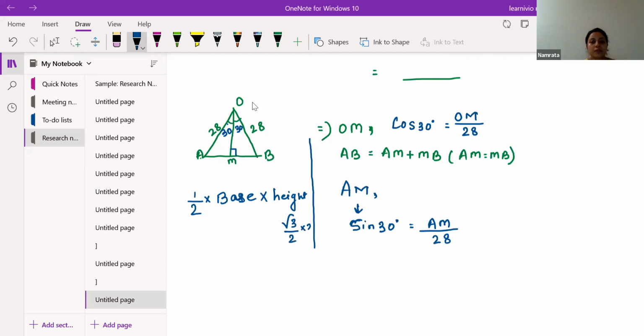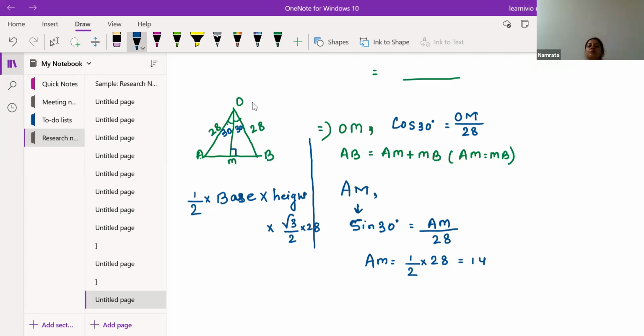Times 28. And what's the value of sine 30? 1 by 2, that is 14. Now we don't need AM, we need AB.